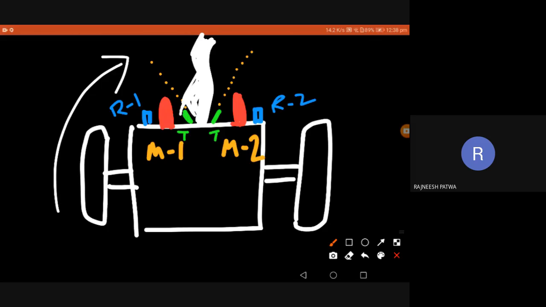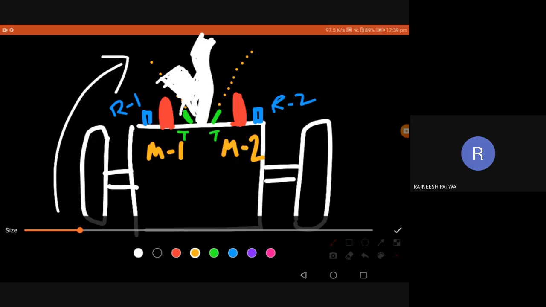Now, whenever the sensor is over the white line, what happens? For example, here this is the white position. My sensor 1 module becomes over the white line, so now it starts to receive. The receiver starts receiving. This red thing is a barricade, you can think of it as a blockage.